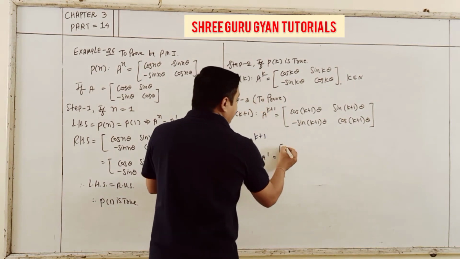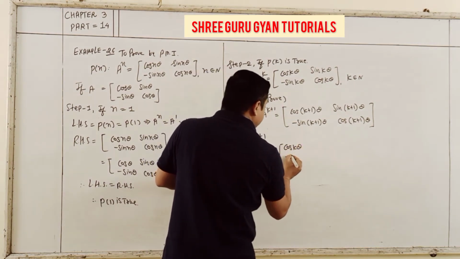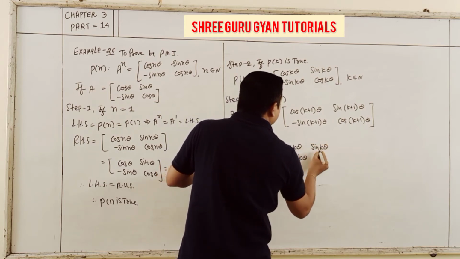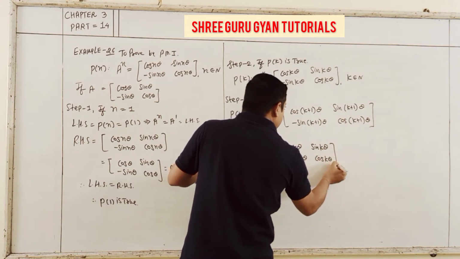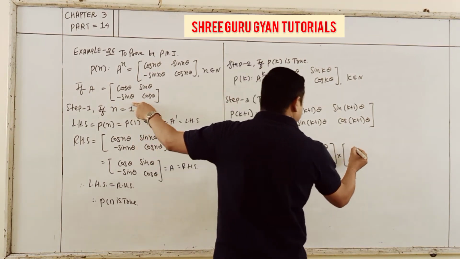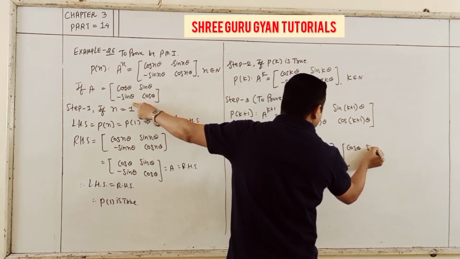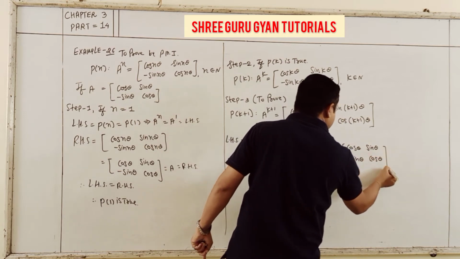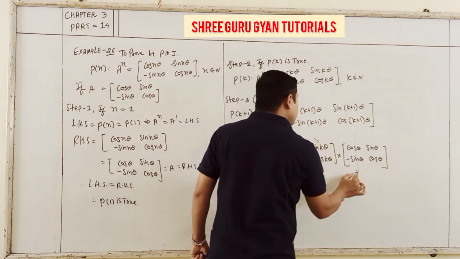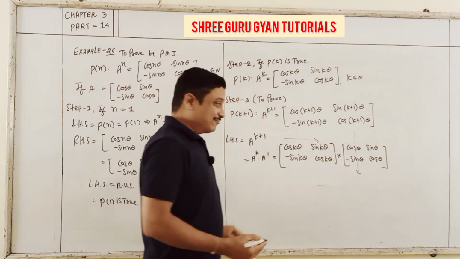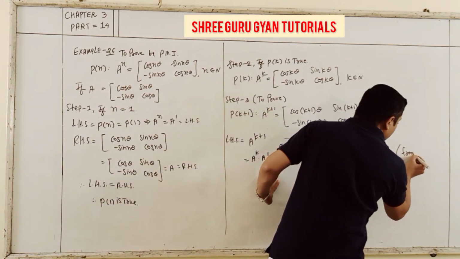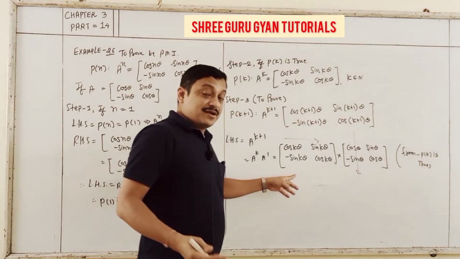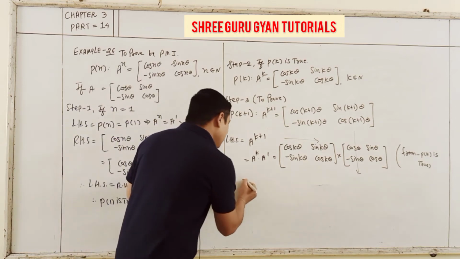A raised to k is cos k theta, minus sin k theta, sin k theta, cos k theta, into A becomes this one, cos sin, minus sin cos, and apply by matrix multiplication. But you pushing down your value from Pk is true. I will write down this value. Now matrix multiply. Yes, very carefully we write down now.